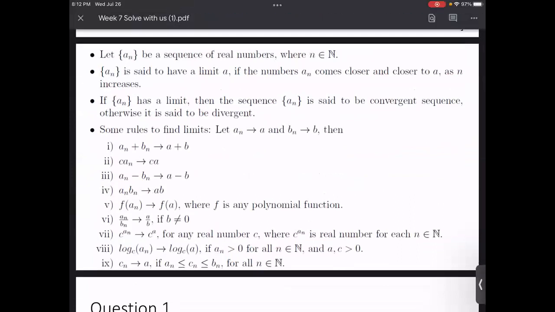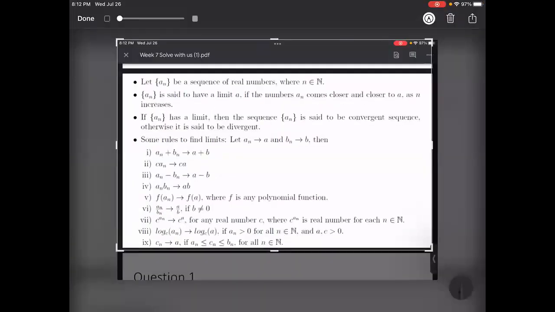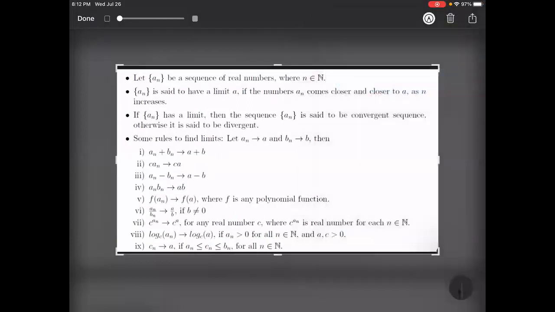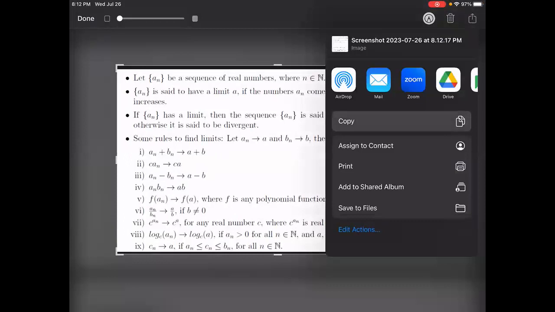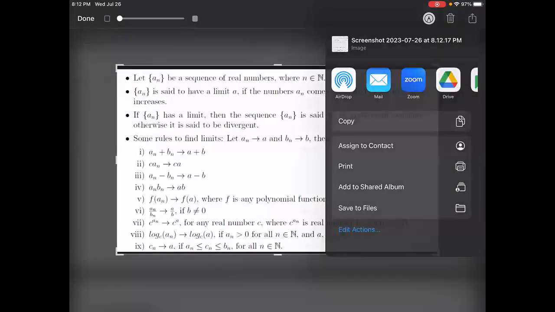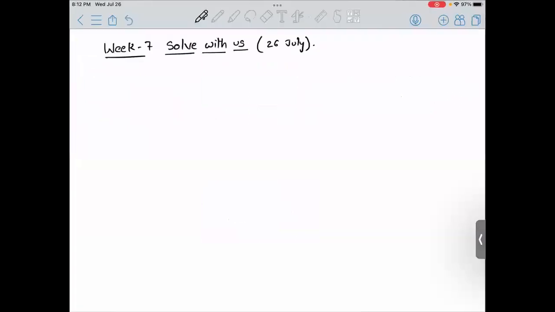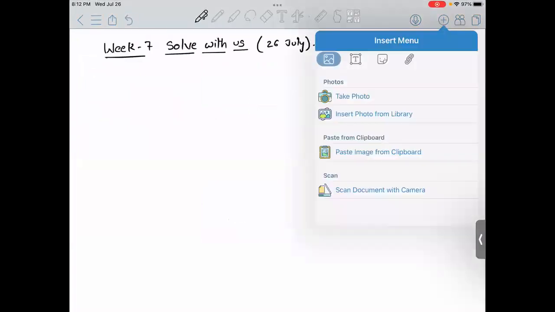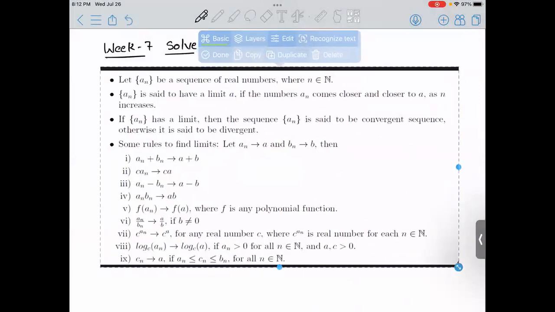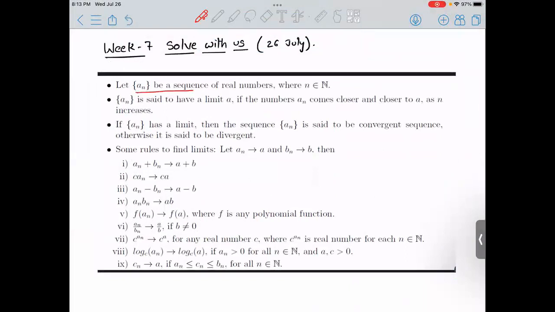First we will discuss this. First thing, let a_n be a sequence of real numbers.